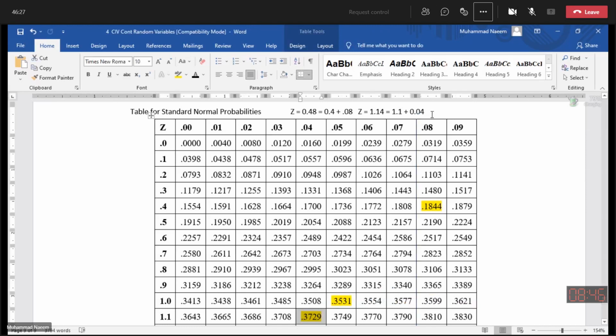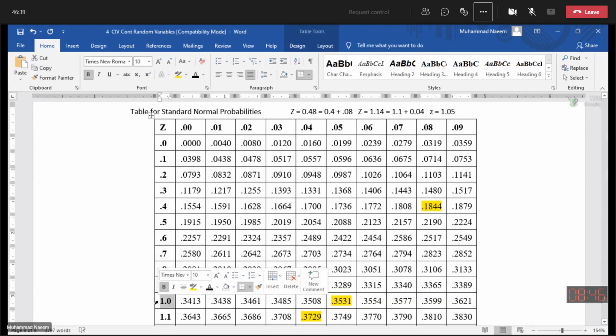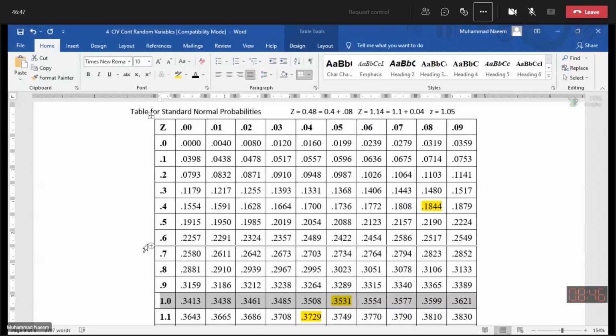Our third point is 1.05. So up to the first decimal, 1.0 in the first column. Then the second decimal is 0.05.